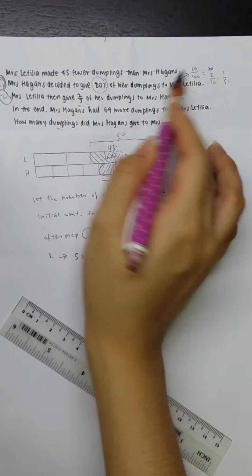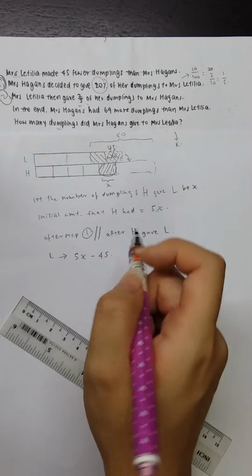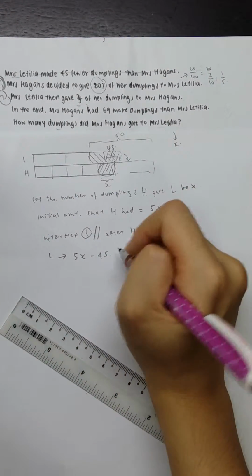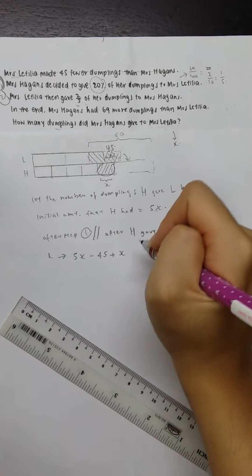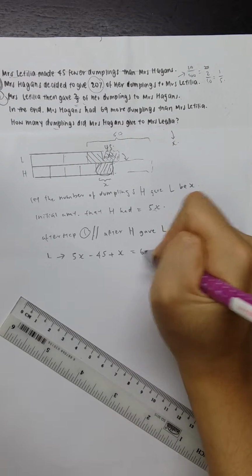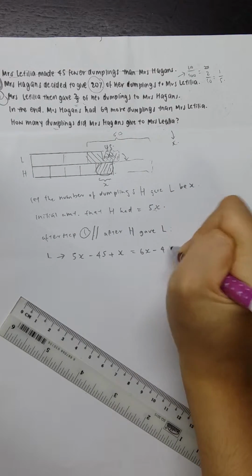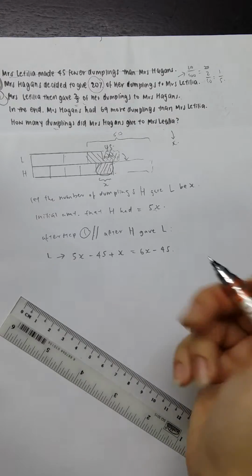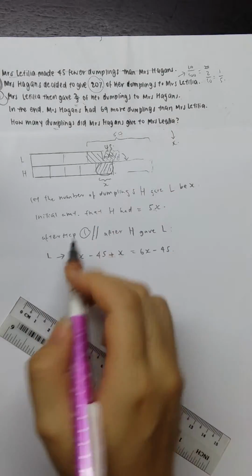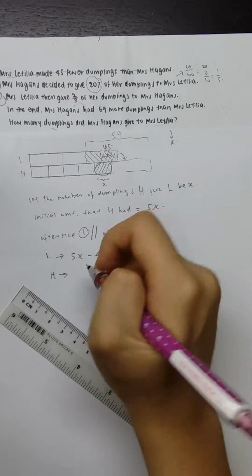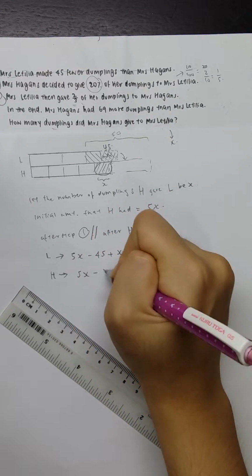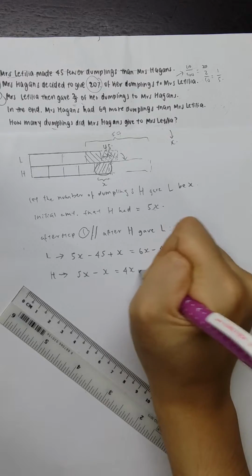That finishes this statement, and then plus the x that Mrs. Higgins gave Mrs. Latilia. So we equate this to be 6x minus 45. After step 1, how much Mrs. Higgins had left would simply be 5x minus x, which equals 4x.